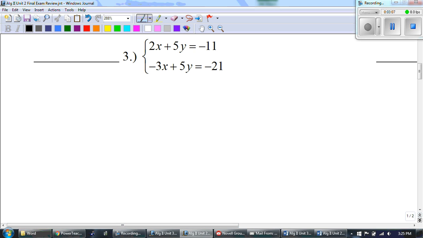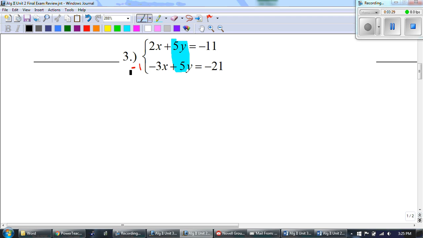Okay, number 3. Once again, you need to decide, do you want to cancel the x's or the y's? Now, I don't like to multiply a lot, so I want to cancel the y's because they're the same number. They're just both positive. So to change that, I'm going to multiply the bottom by negative 1.